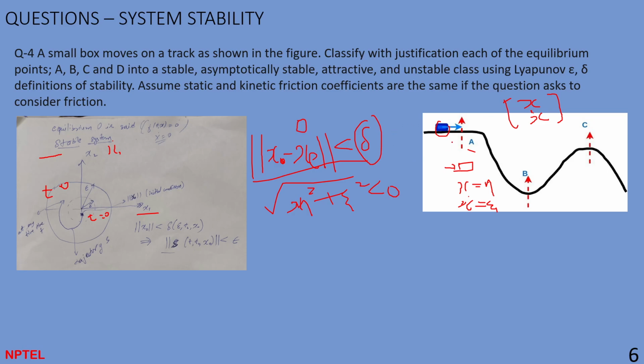Leave it on its own, and you see at time equal to infinity how the box is. If it has reached something in a bigger epsilon circle in this phase plot, and remains in this circle, it means that it is stable.